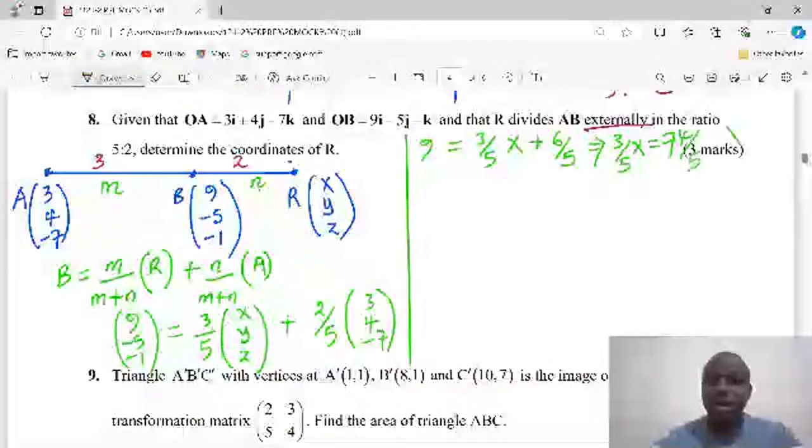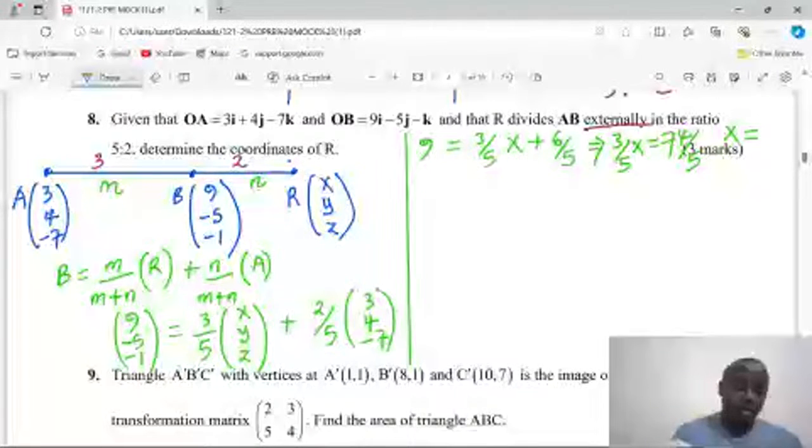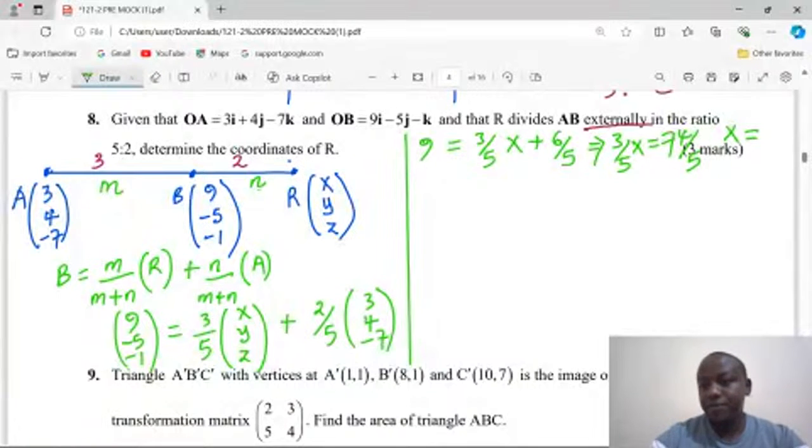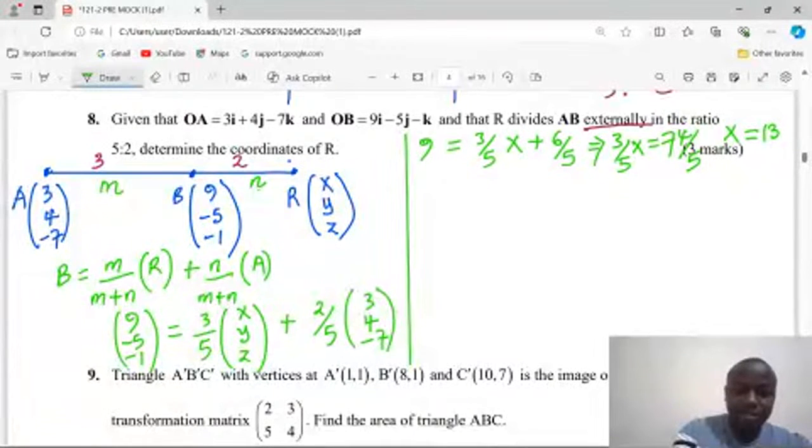Then now to remain with the x, we have 5 over 3. And this will be exactly 13. So the coordinates of x are 13. The next, we will take negative 5.